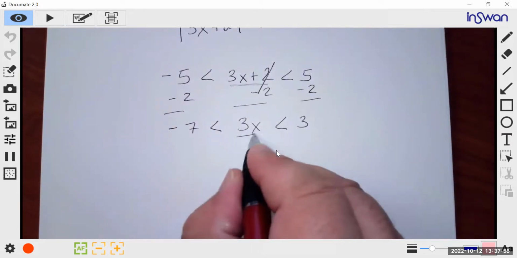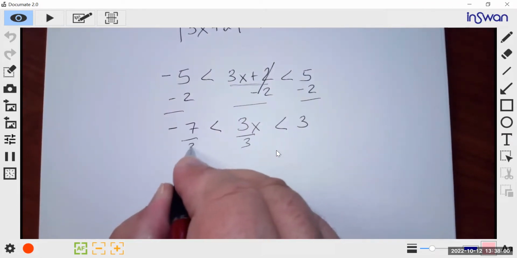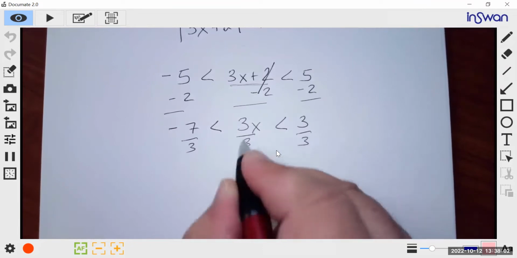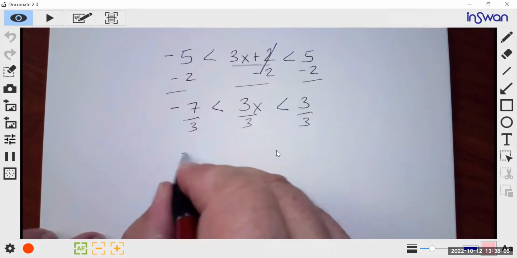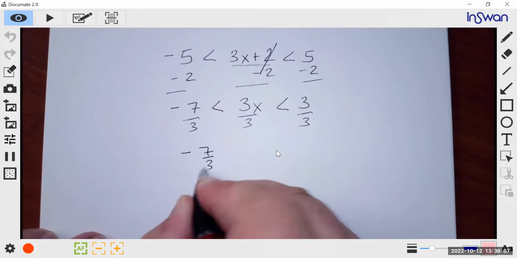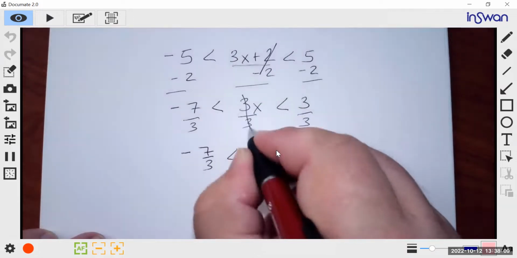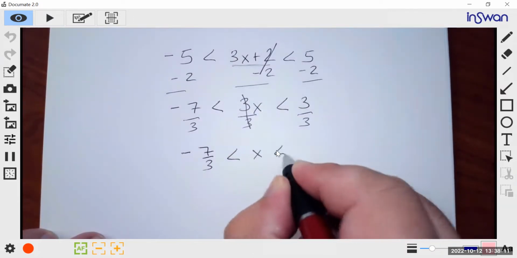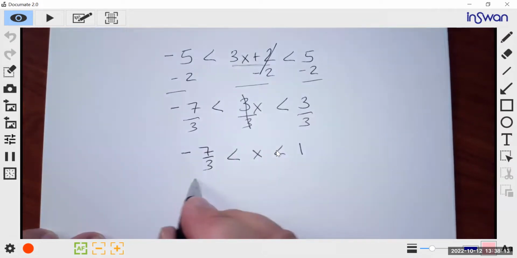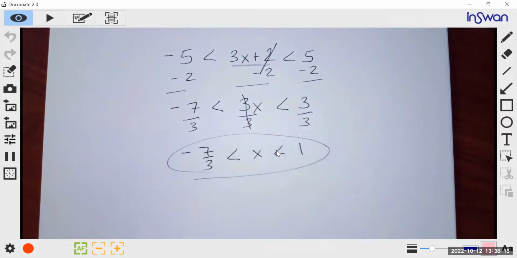To get the x by itself, I have to divide by 3. So negative 7 over 3 is less than x is less than 1. There's your set notation.